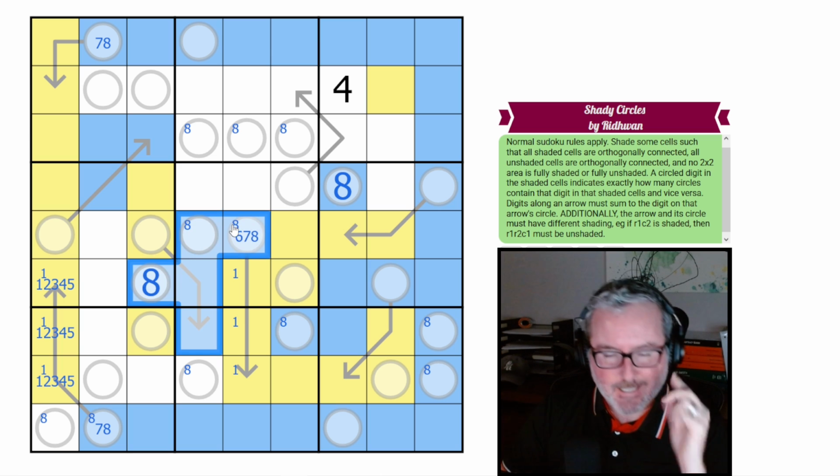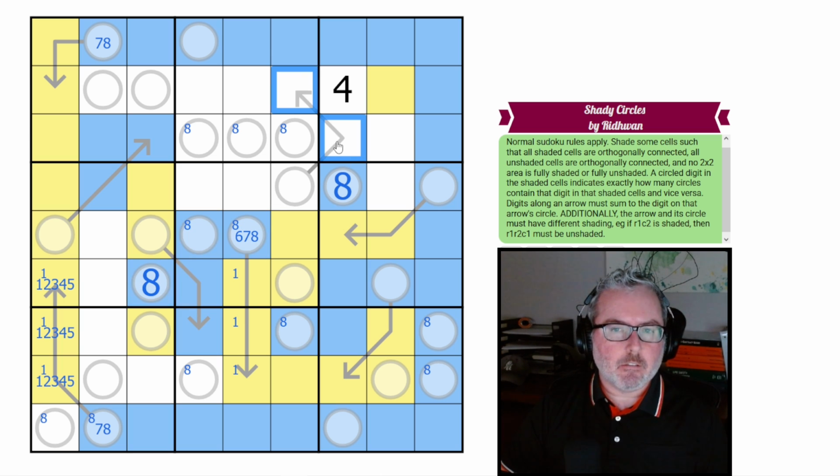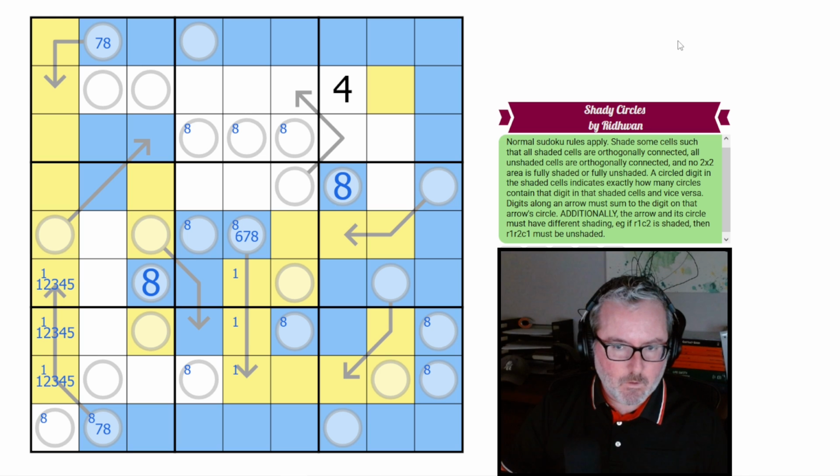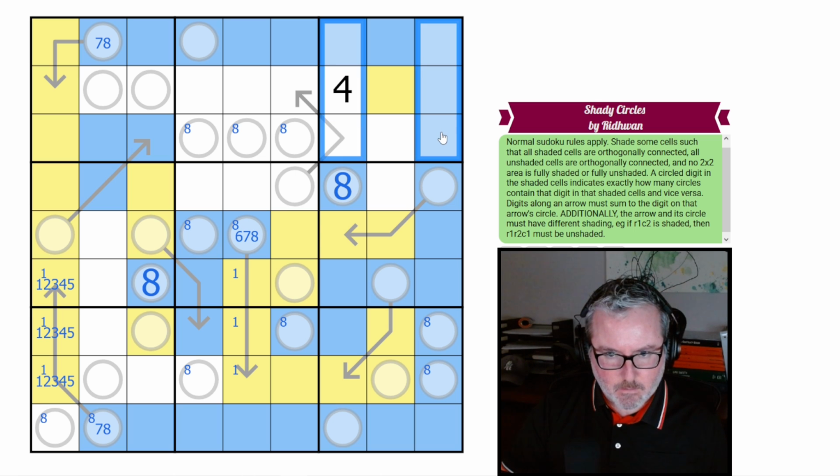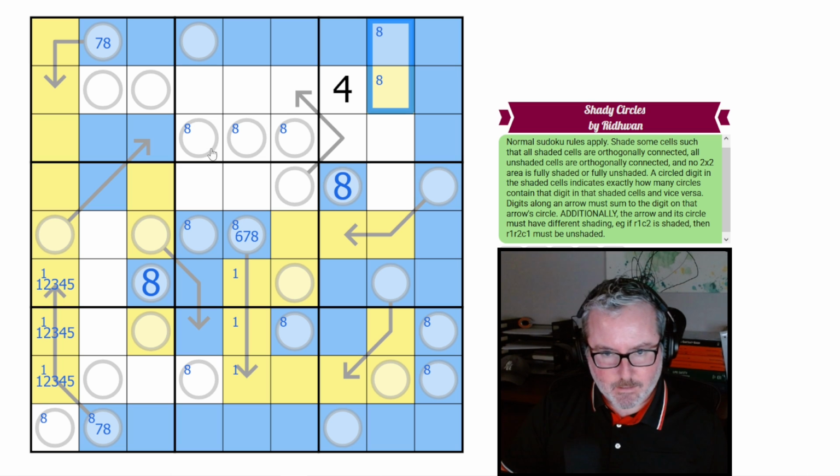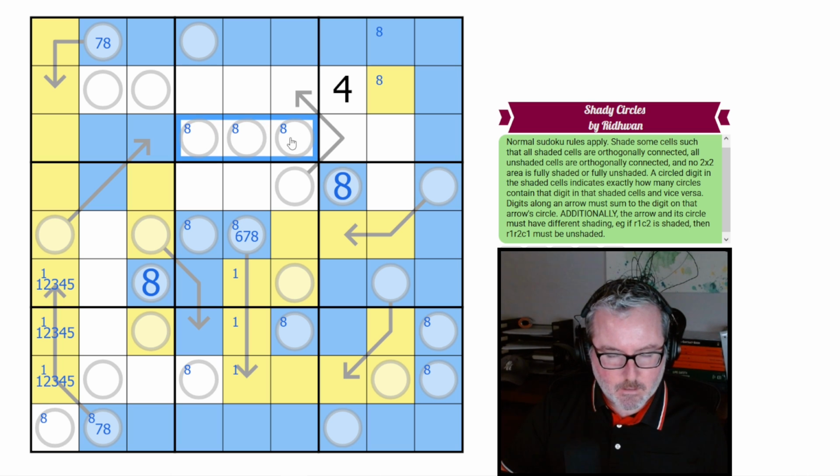But maybe getting this coloring then does create something here. We'll have to go down that road in a second, maybe. None of these are 8s, but that doesn't say much. Well, it just says one of these is.